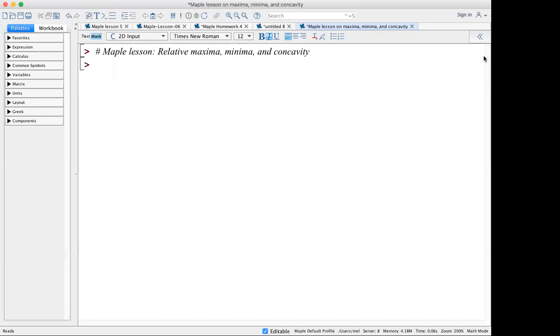Okay, this is a lesson on using Maple to find maxima, minima, and inflection points. So this is what we want to be able to solve.